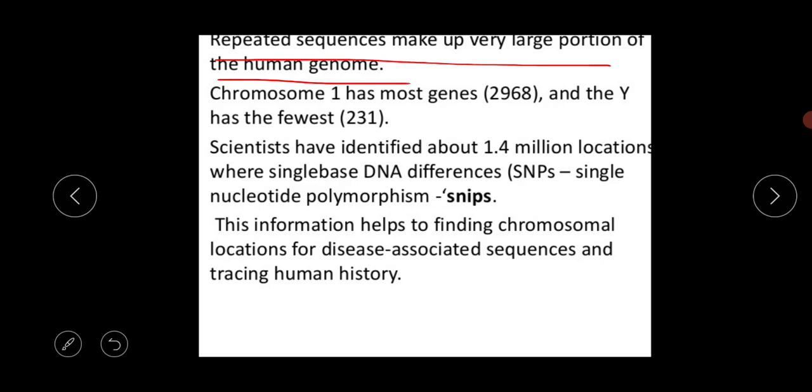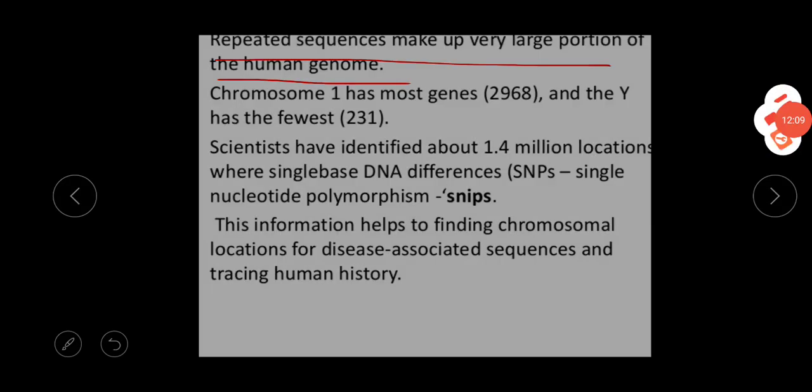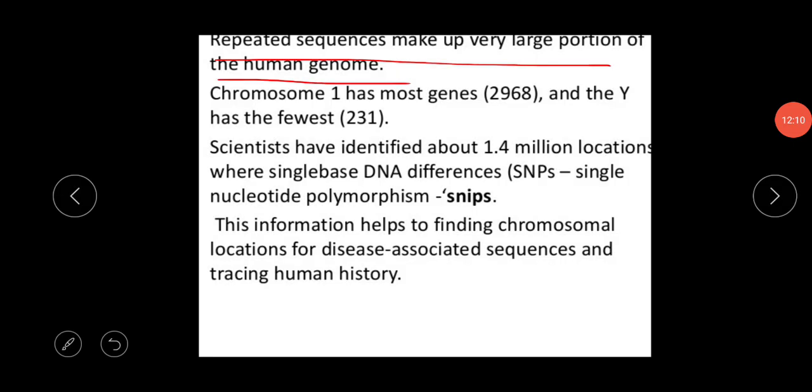Over a million copies of simple sequence repeats or microsatellites occur in the genome. That's also called SSR.